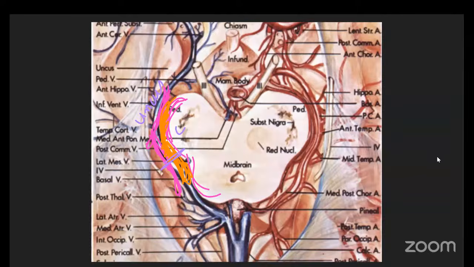Let me change the color so that you guys don't confuse it. Coming back. This is the uncus. This is the cerebral peduncle. This is the midbrain, visible here. This is the parahippocampal gyrus here, roughly. And this is the division of the cisterns.